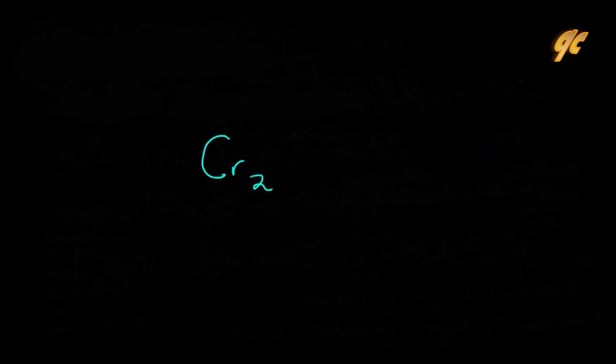Finally, let's take the dichromate ion, Cr2O7 2-. What we know already, if we're going to calculate the oxidation state of chromium, is that oxygen has got an oxidation state of -2. There are 7 oxygens in the dichromate ion, so the total oxidation state for all of the oxygens is -14. Now it's important to note this ion has a charge, and we need to have an overall oxidation state for the whole compound of -2.